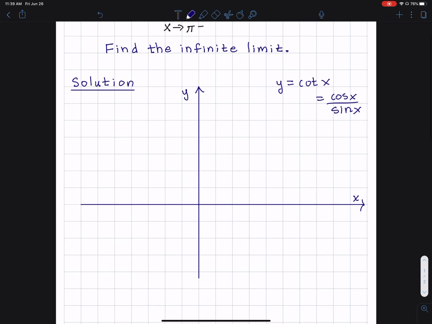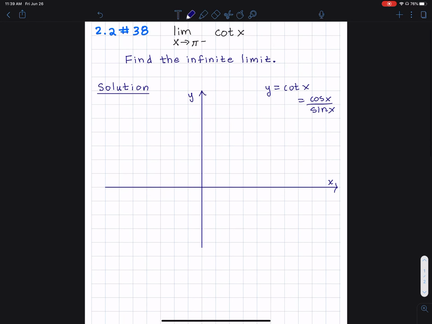Now, let's also remind ourselves that sine x is equal to 0 when x is 0, pi, 2 pi, etc. Also negative pi, negative 2 pi, etc. That's where sine x is equal to 0.